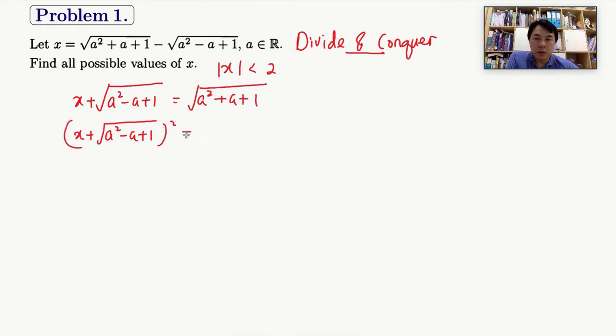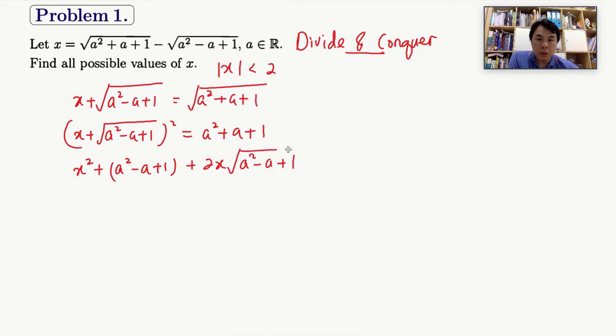If you square this, that is just a squared plus 1 here. And then if you square this, you will get x squared times a squared minus a plus 1, of course. And then don't forget we have 2x times the square root of a squared minus a plus 1, which is equal to a squared plus a plus 1.